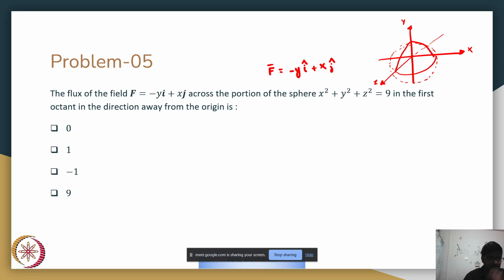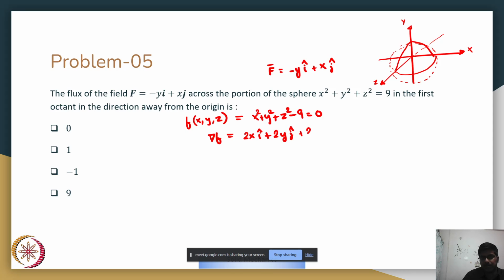So I look at the level surface for this particular surface, the first octant of this sphere, and it is nothing but x square plus y square plus z square minus 9 equaling 0. The gradient is 2x i hat plus 2y j hat plus 2z k hat.